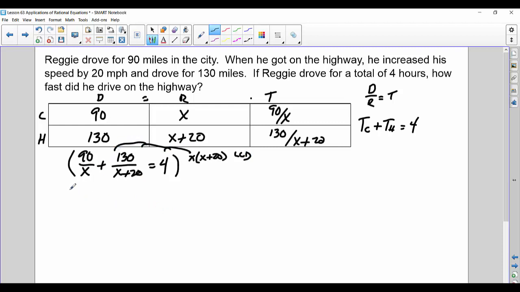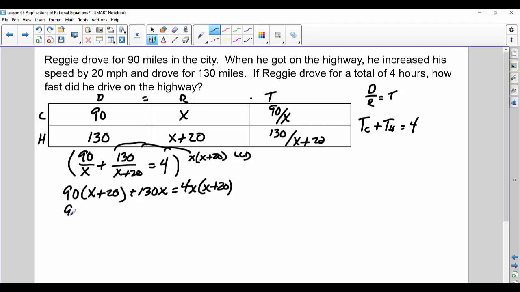Distribute to the three terms, 1, 2, and 3. x reduces in the first one, leaving me with a 90 and an x plus 20. Plus the x plus 20 reduces, 130x. Nothing reduces in this case. So I'm left with a 4x and an x plus 20.